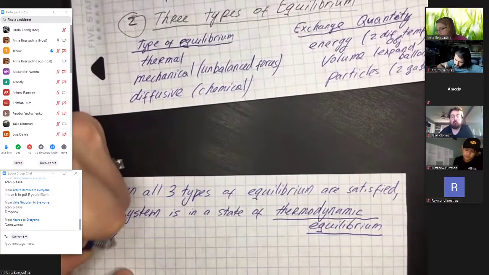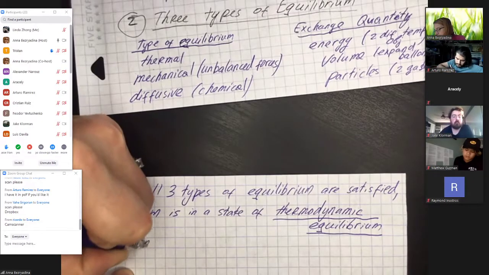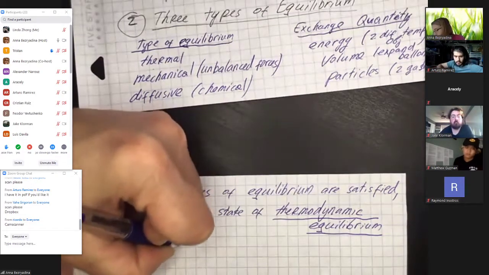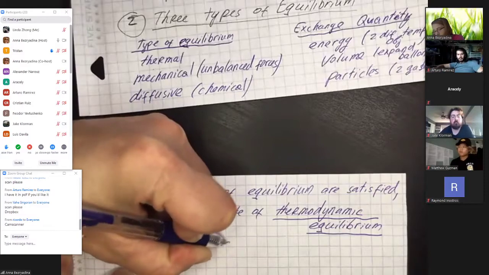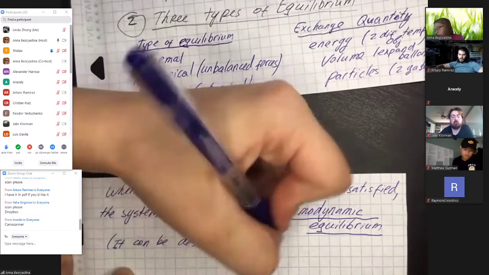And in this case, it can be described by macroscopic coordinates.